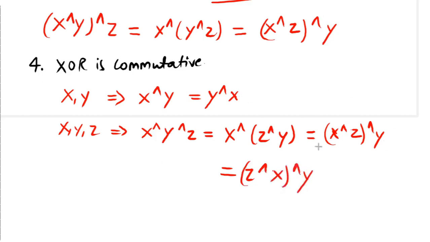We can say that Y XOR with X XOR with Z is also possible. So there can be many possibilities, and using these properties one would be able to solve problems related to XOR.